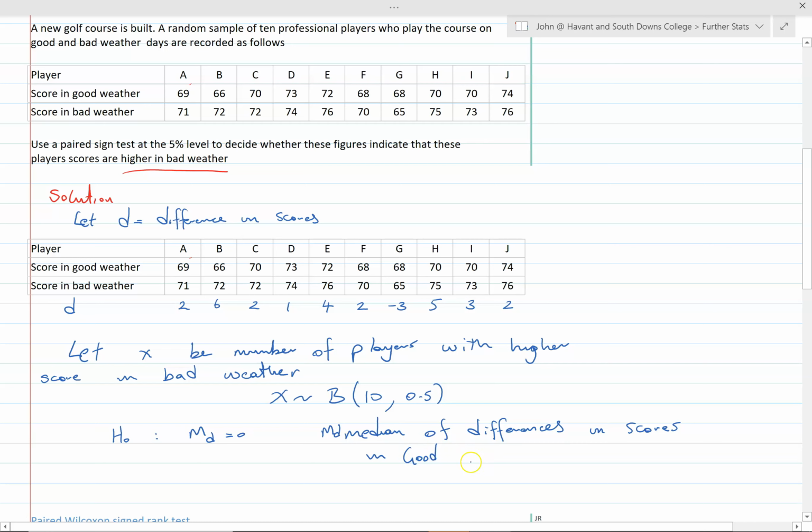So on average, there isn't a difference. Right, and then the alternative hypothesis is that it's higher. So we have MD is greater than 0. Okay, and we've got 9 out of 10 being greater than 0.